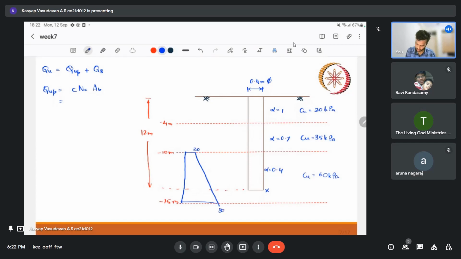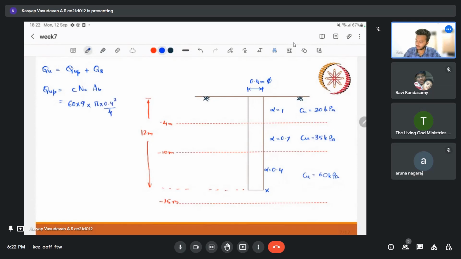Then we have to interpolate to get the Cu value at that particular depth. Having said that, we can assume it as a constant, so Cu is 60, and since it is Skempton, Nc is 9, times Ab. Ab is our area at the bearing, so we need the cross-sectional area, pi times 0.4 squared by 4.